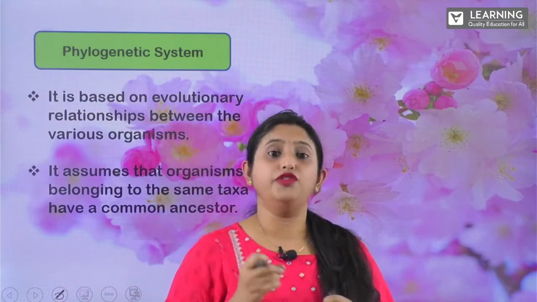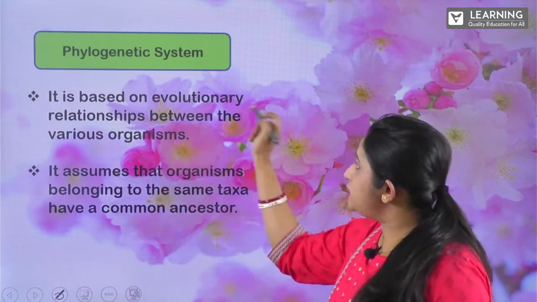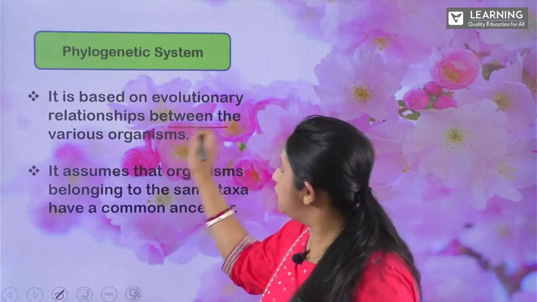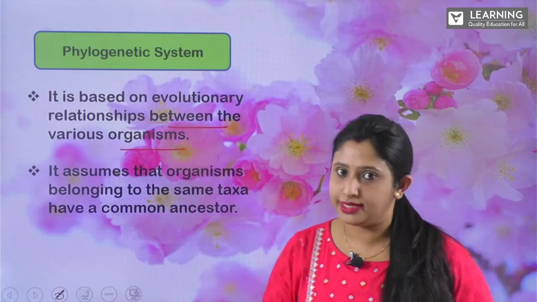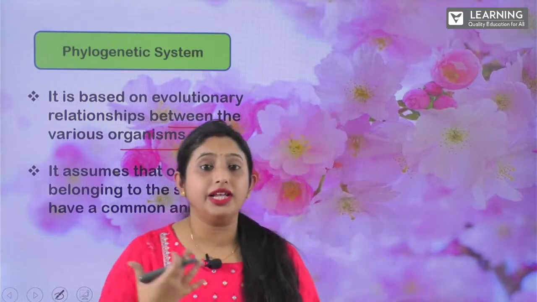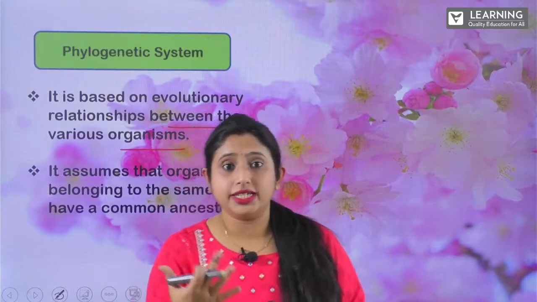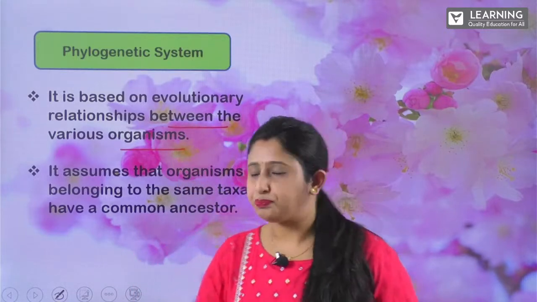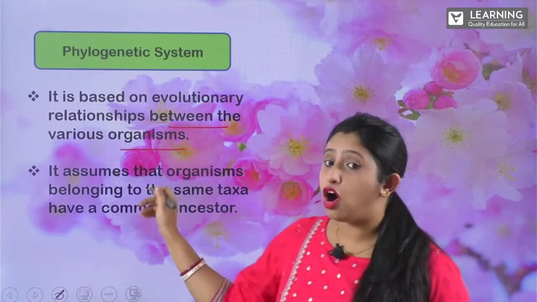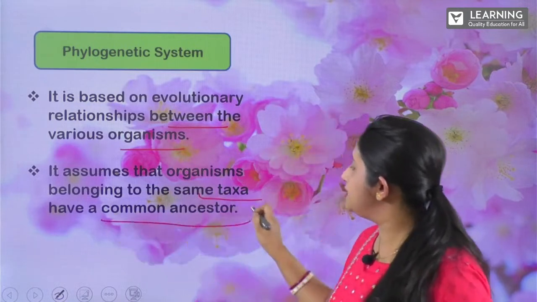For the study of fossils, it is very much essential. So it is based on the evolutionary relationships between various organisms. Clear? So we have to see how different organisms, how different plants, are related to one another.